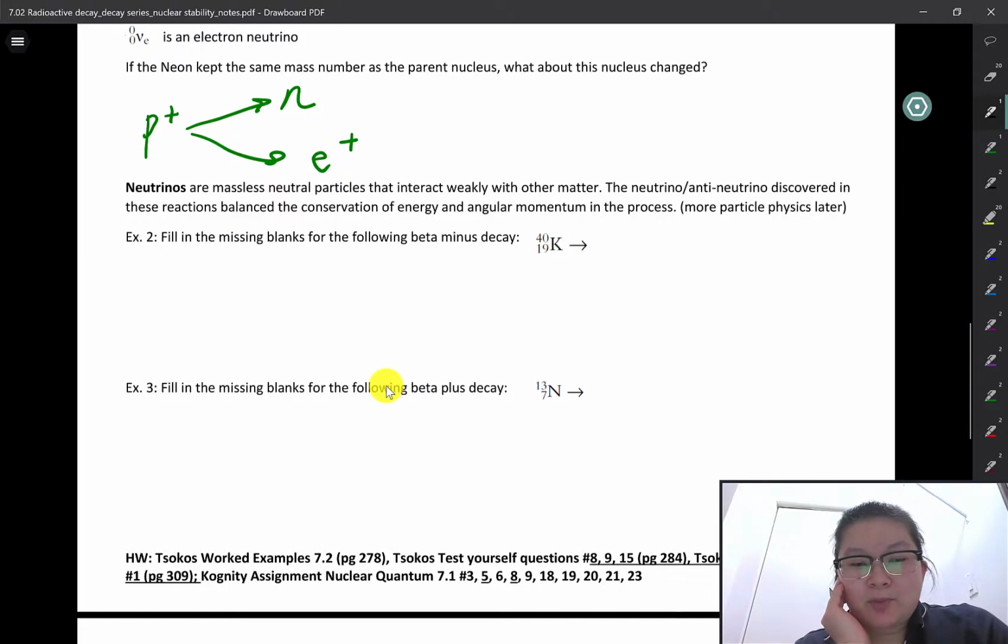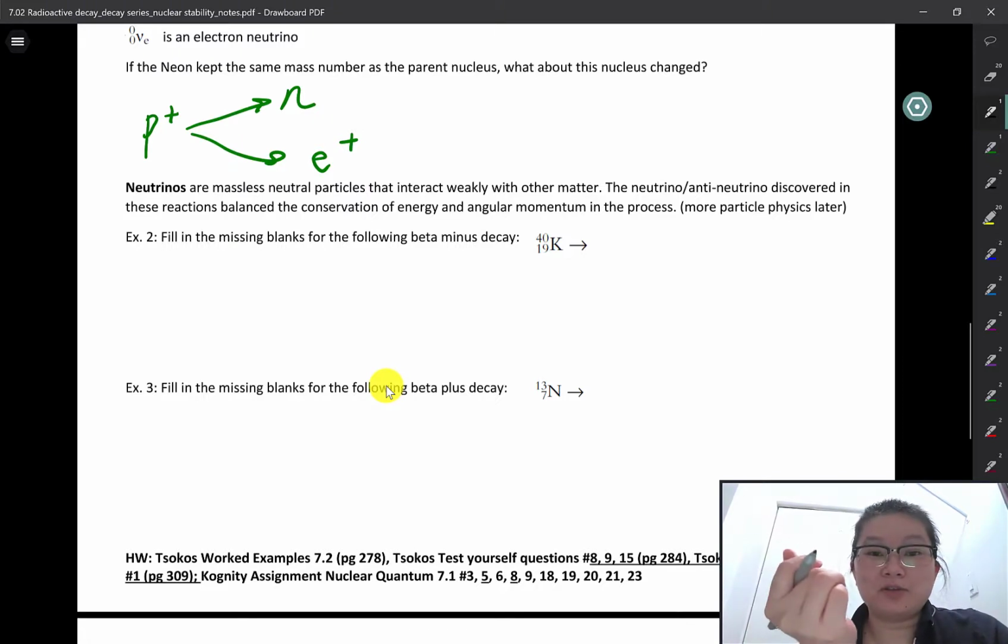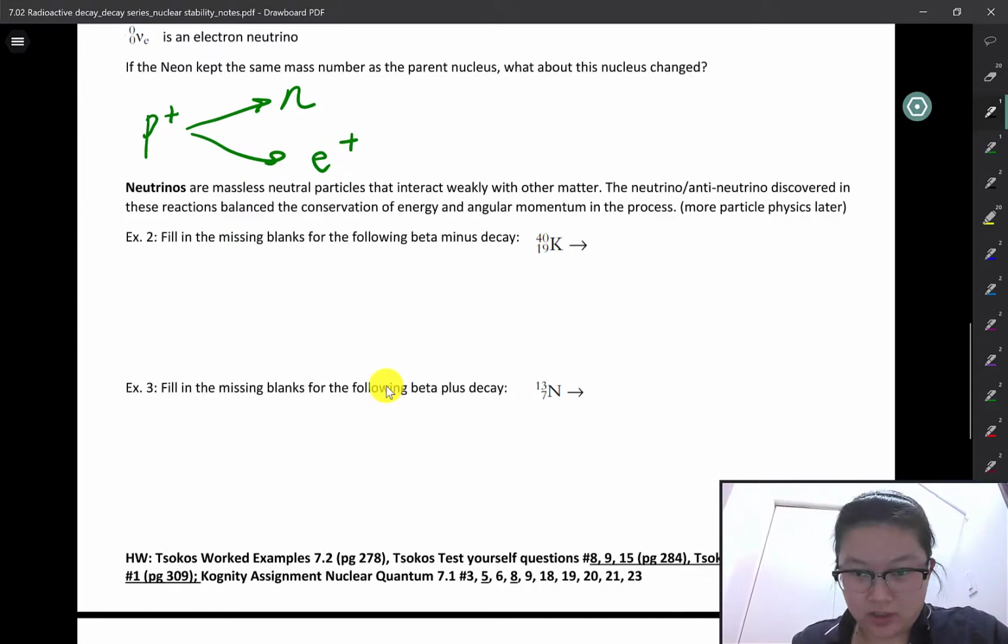At this point, you may not know what a neutrino is, you may not know what an antineutrino is, what that really means. You may not know the details of how antimatter works, and that's okay. Essentially, to do these questions, you kind of have to just memorize the particles that will be produced. We will talk more about the nature of these particles later.